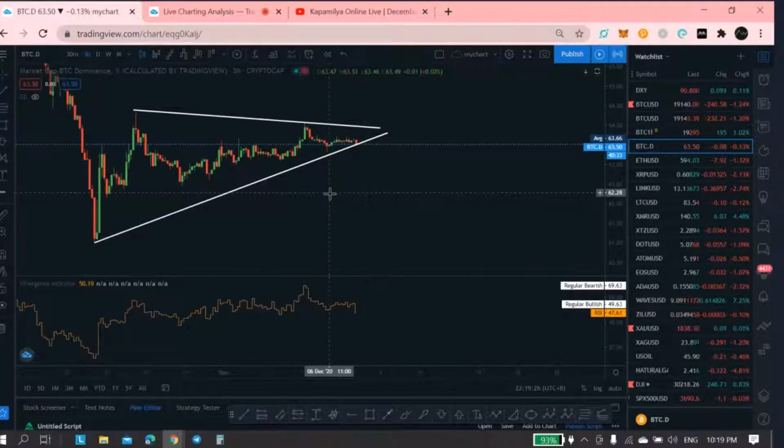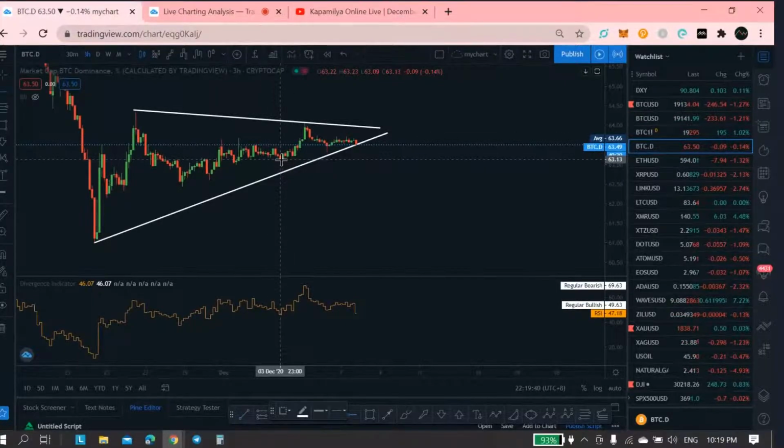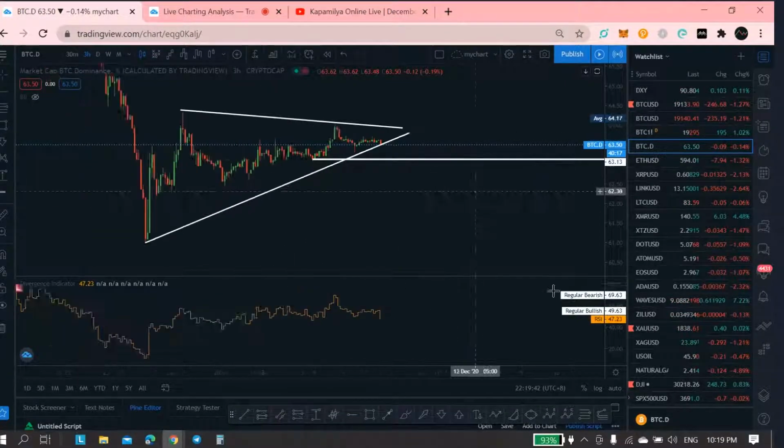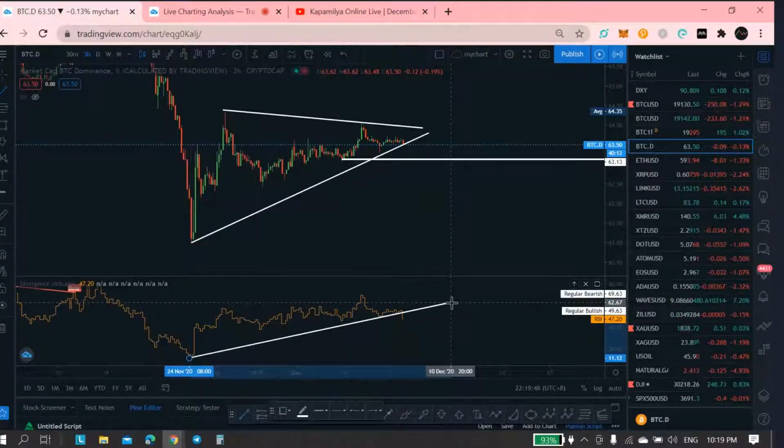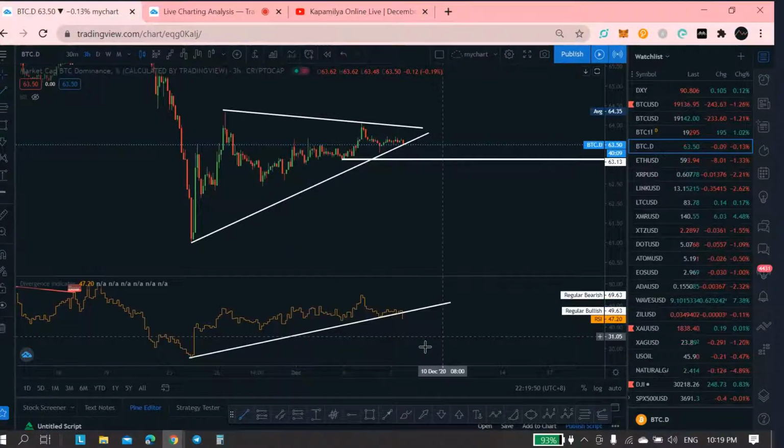Let's see how it goes, because it could break down at this level, possibly this support area, which is the 63 level. Using the divergence indicator, you can see that it's already a breakdown, so I expect it to possibly break down also. So let's see how it goes.